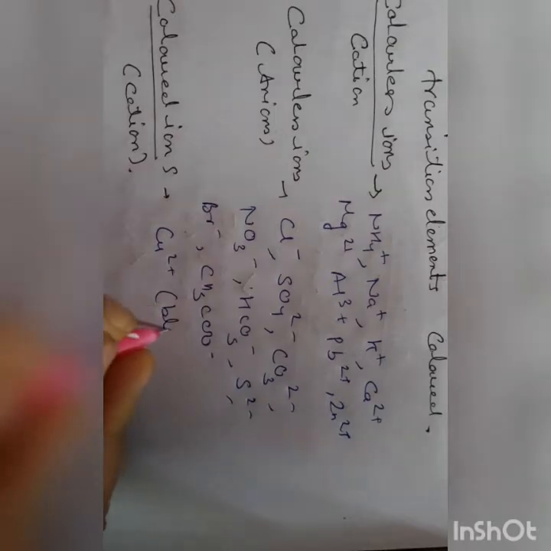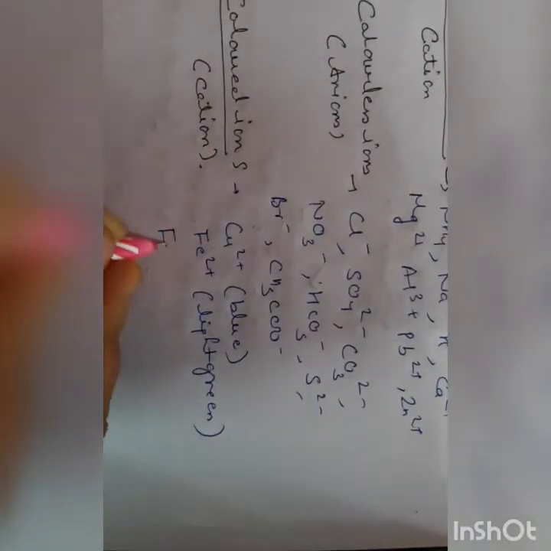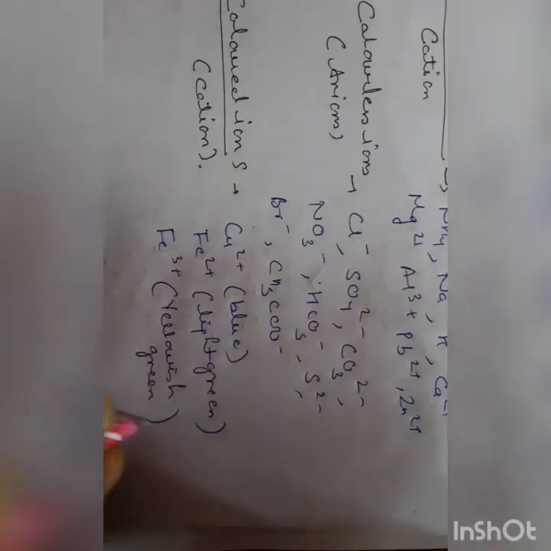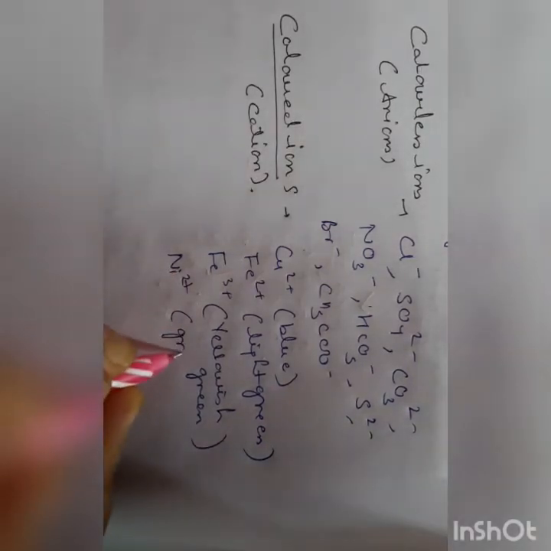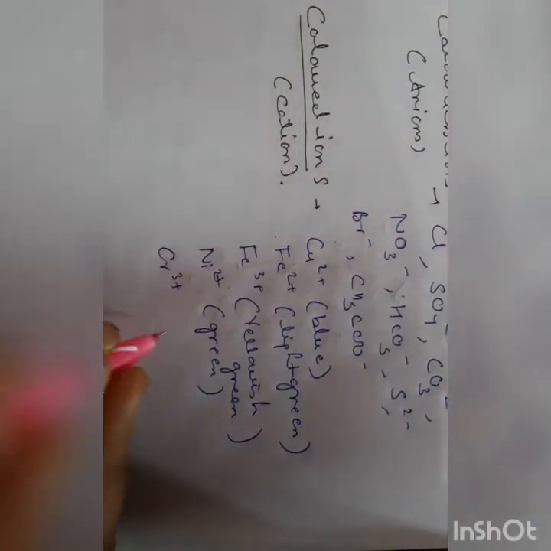Now the examples are cupric, blue cupric ion, then ferrous, light green, then ferric, yellowish green, then nickel, green, then chromium ions, green, then manganese, pink.